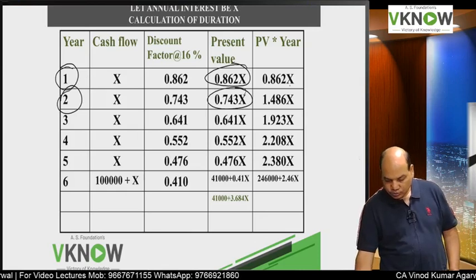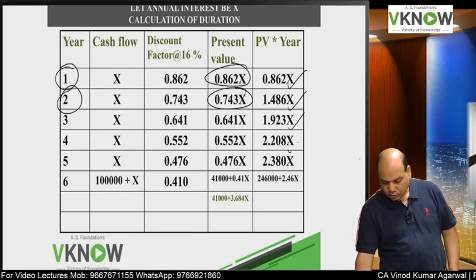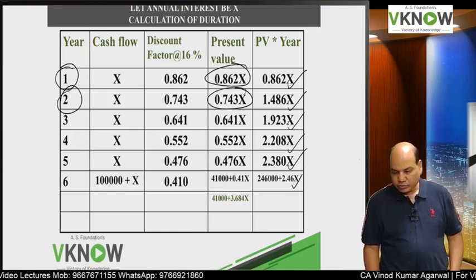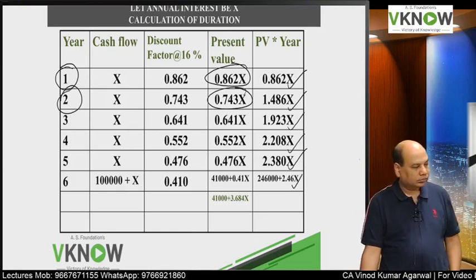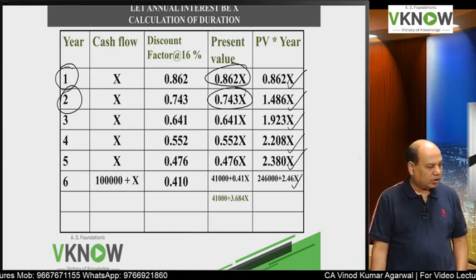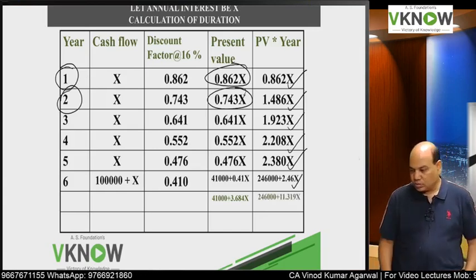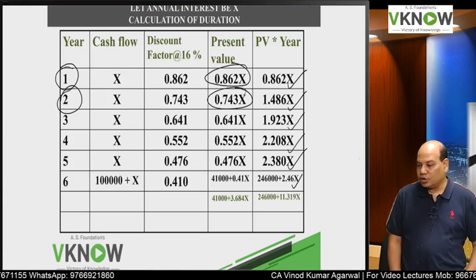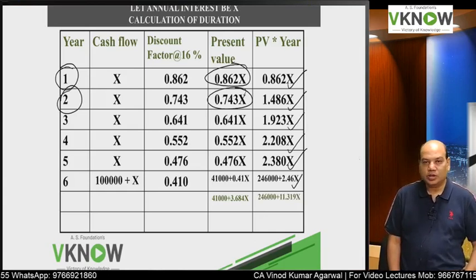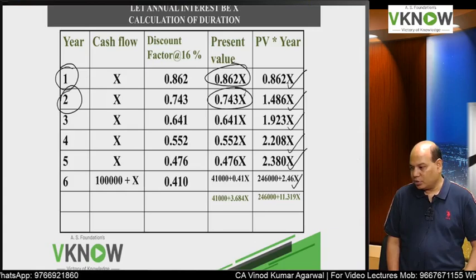Again, first you take the total of all these numbers with X. The total will come to something like 2,46,000 plus 11.319x. Approximately check.